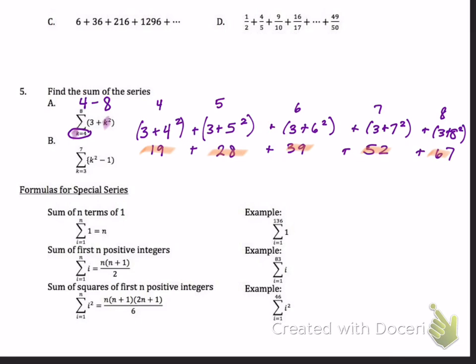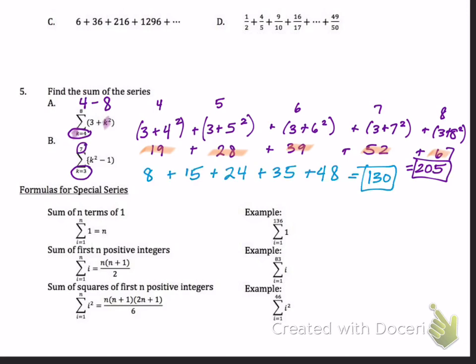The sum of the series, if you plugged that in, you would get 205. So try part B on your own. You're going from 3 to 7. You get 130 if you're just adding from 3 to 7.